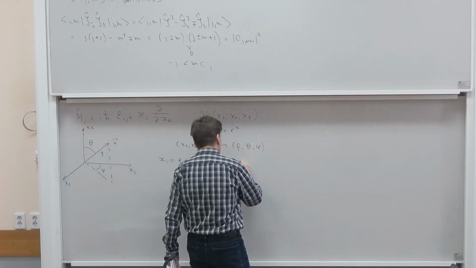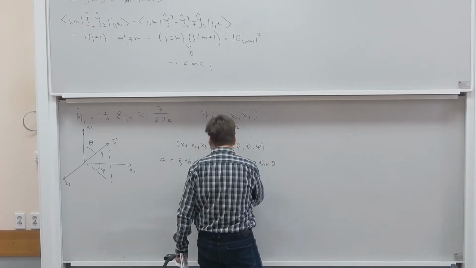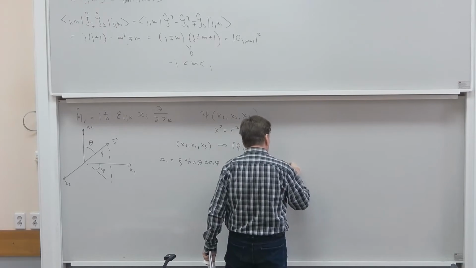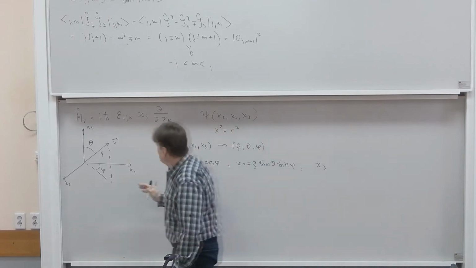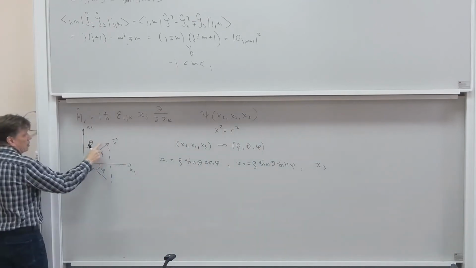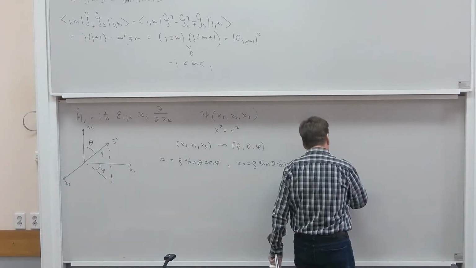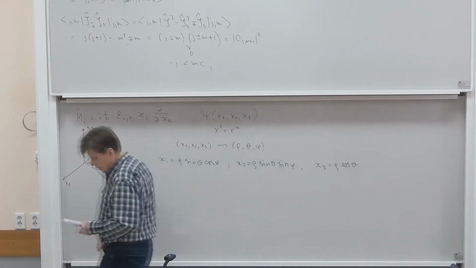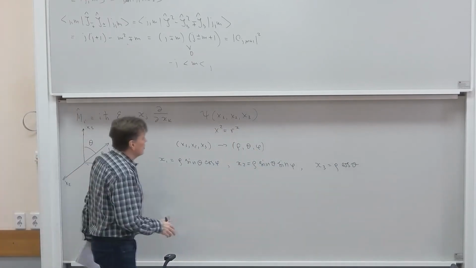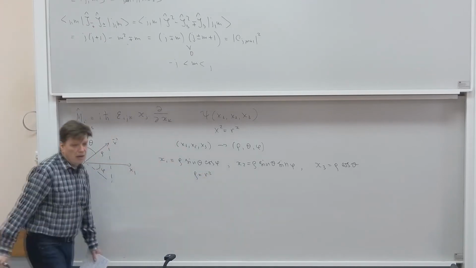Accordingly, x2 is given by rho sine theta sine phi, and x3 is given by rho times cosine theta. So the radius rho is now constant. It is fixed by r.